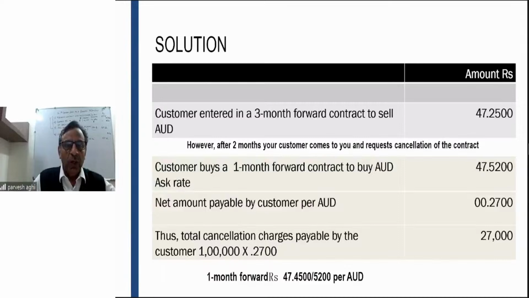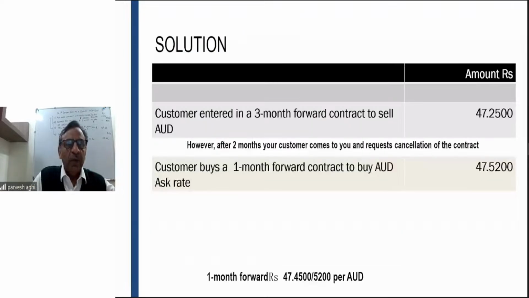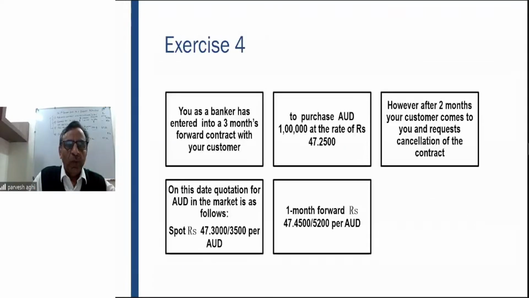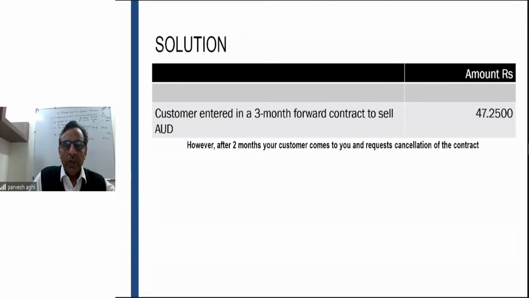Which means the net amount payable by the customer will be 0.27, that difference basically. So you bought at a higher price and you sold at a lower price. So there is a loss which is going to accrue to the customer, which is 0.27 rupees per Australian dollar. If you multiply it with the Australian dollars, we will have 27,000. This is for $1 lakh. Okay, fine.